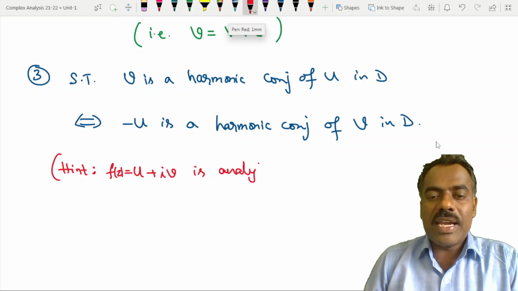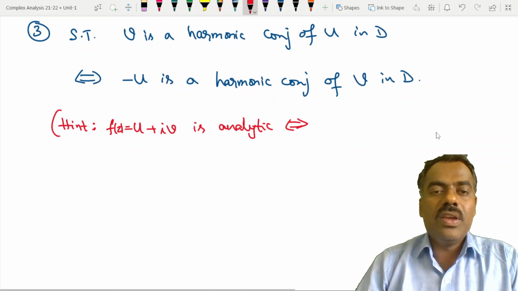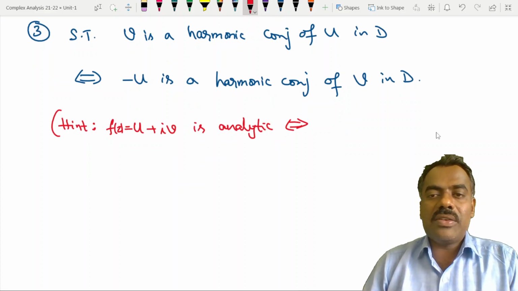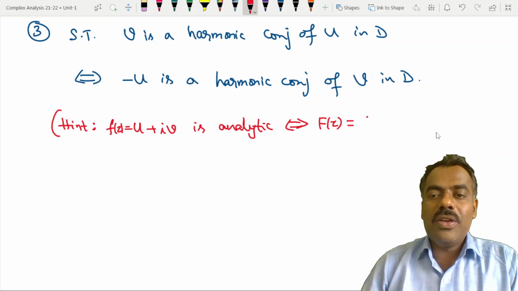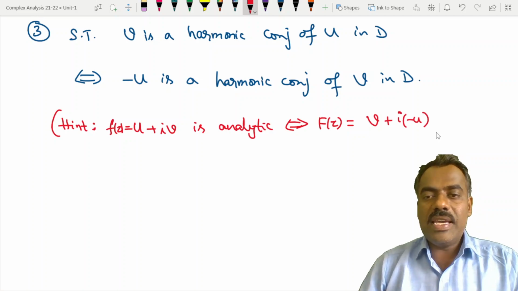We want to show that this is analytic if and only if minus U is a harmonic conjugate of V. If you write this as capital F of z, how can you write this? It is V plus i times minus U, which is analytic. If we prove this, we are done.